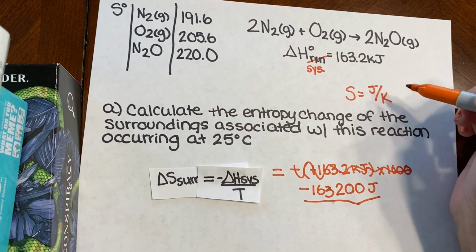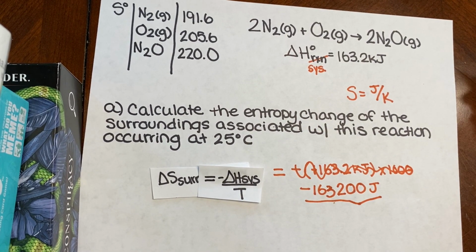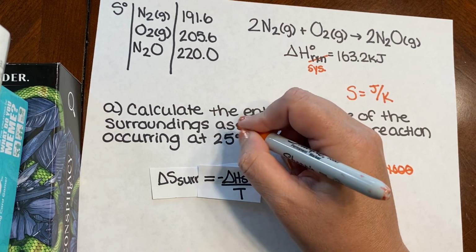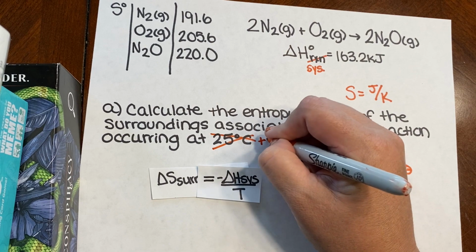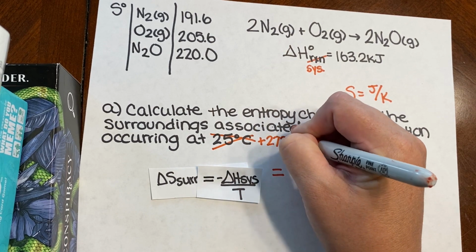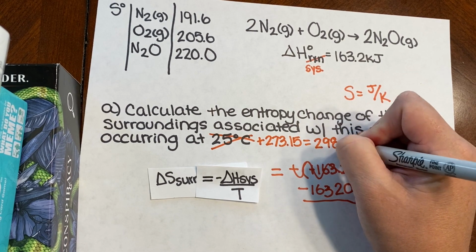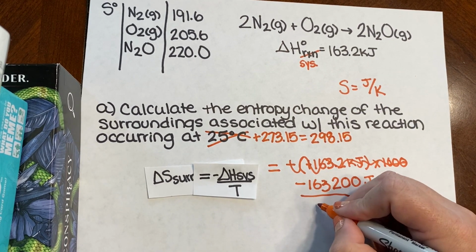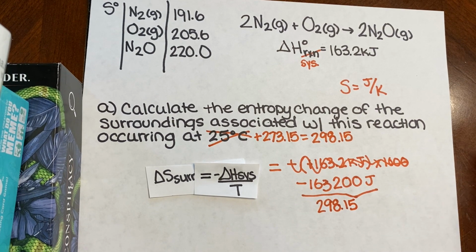And then we also need our temperature, but the temperature is in Kelvin. So if we take 25 and we add 273.15, we get 298.15. So that goes on the bottom. Awesome.